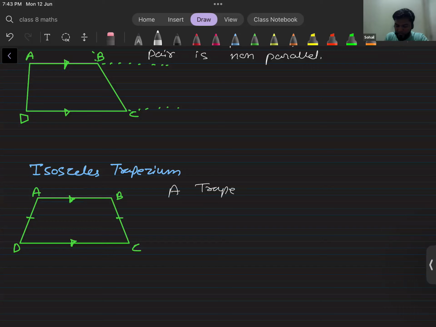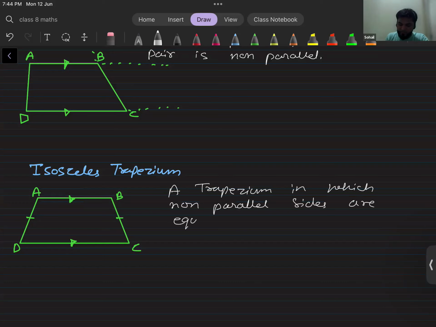A trapezium in which non-parallel sides are equal. What are the non-parallel sides in this figure? Sir, they are equal. No, name the non-parallel sides in this figure. See the figure, side AD and side BC.